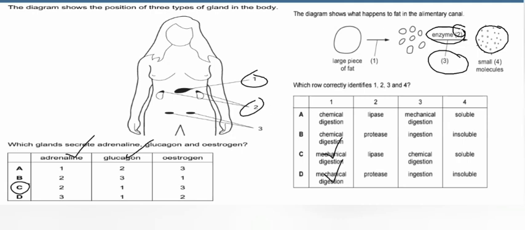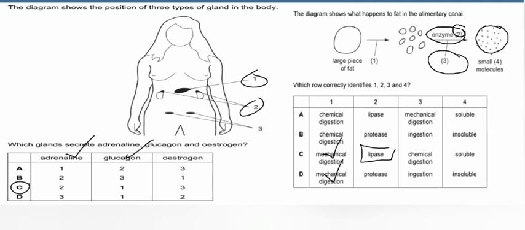Now, the fat is coming from the lipids. Lipids consist of 2 things, oils and fats. When you talk of protease, this enzyme digests the proteins, not fats. But when you talk of lipase, this one digests what? The fats or the lipids.